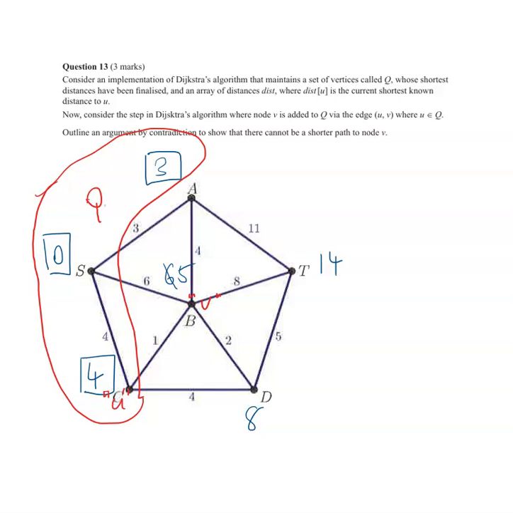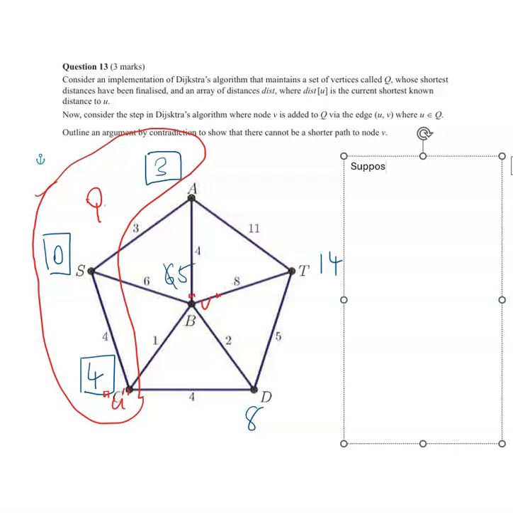So first thing we do, and in any exam we want to get our easy mark, is think of our proof by contradiction statement. So we're saying the thing we're trying to prove is that there cannot be a shorter path to node V. So suppose there is a shorter path to node V. Now we've got to think about where that path would need to go.